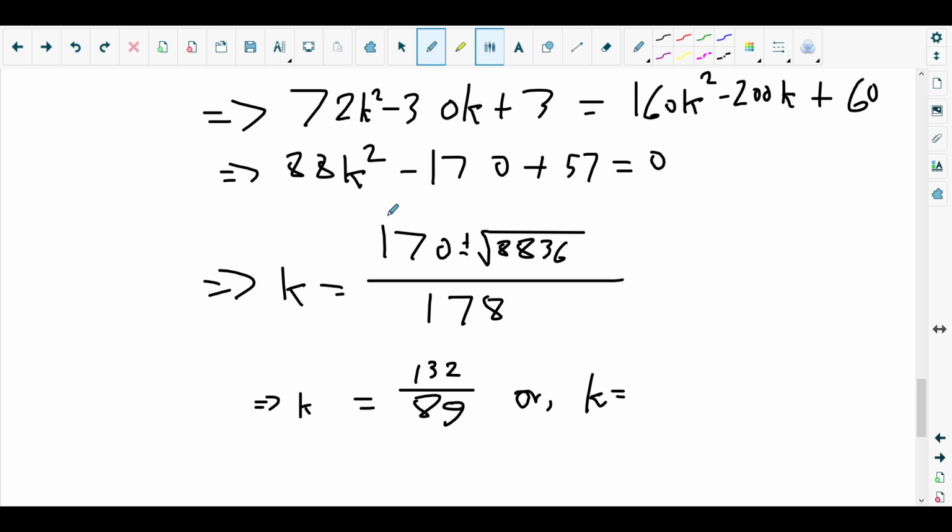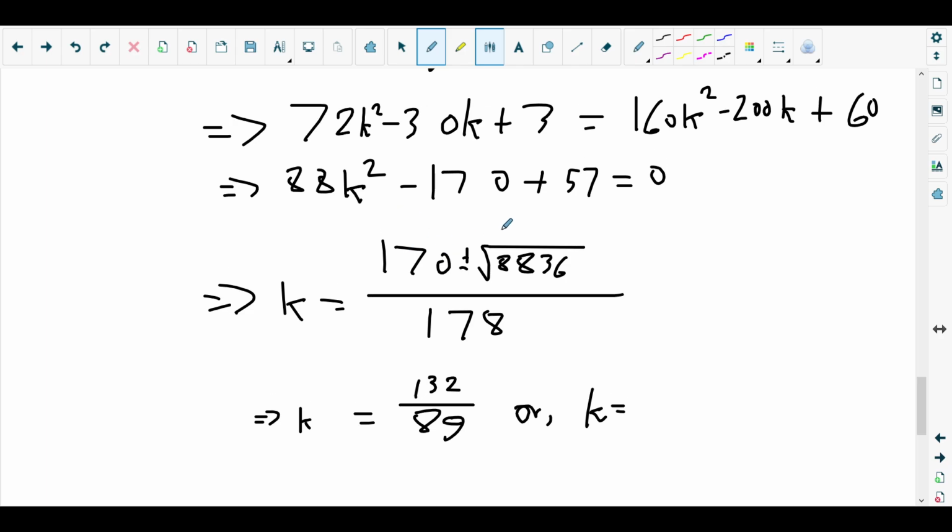Twice of a, is it 88 times 2, that is 176. Minus b plus or minus square root of b squared, 170 squared minus 4 times 88 times 57 is 8836. The square root is 94.